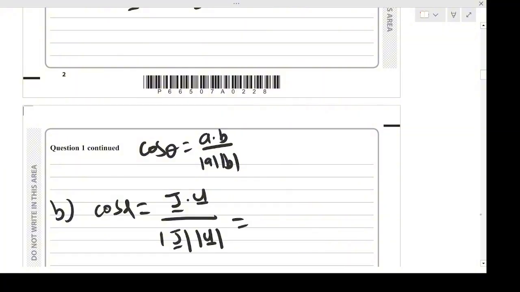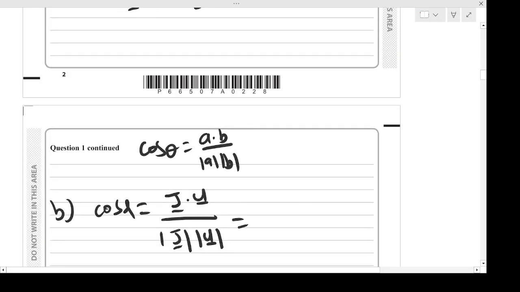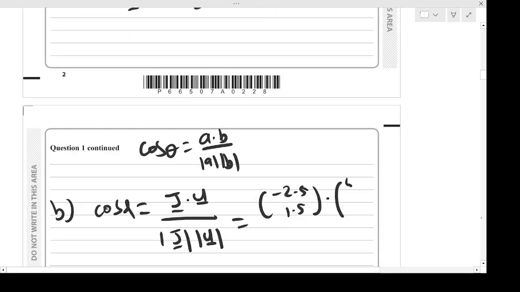Okay, so if I substitute these vectors in, well, j we worked out to be minus 2.5, 1.5, dotted with u, which was 4, 3. Then I divide by the magnitudes.